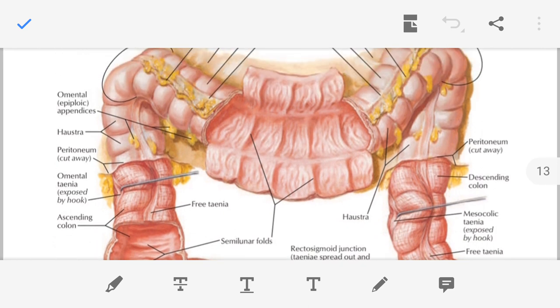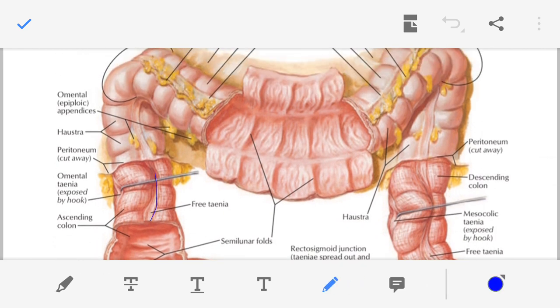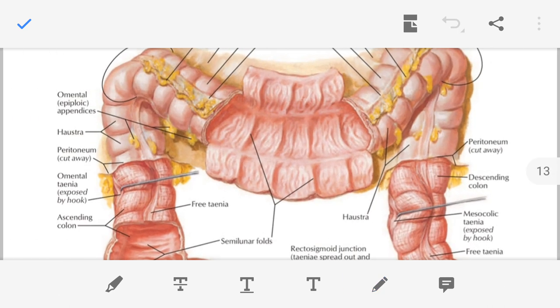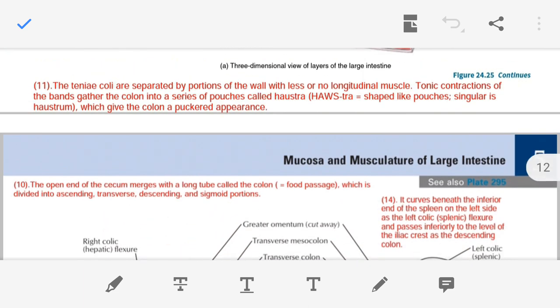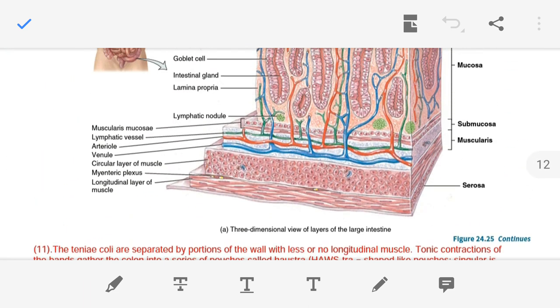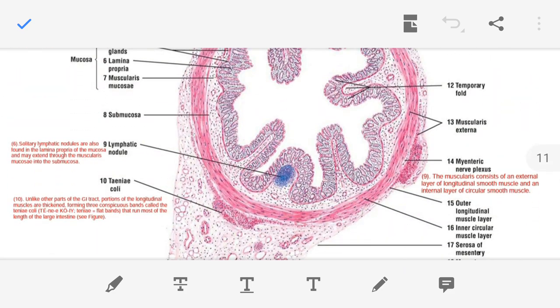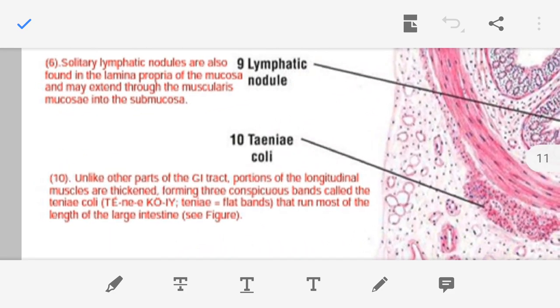And you see they are present along the entire length of the large intestine, teniae coli. So in the tenth point we discussed the teniae coli.